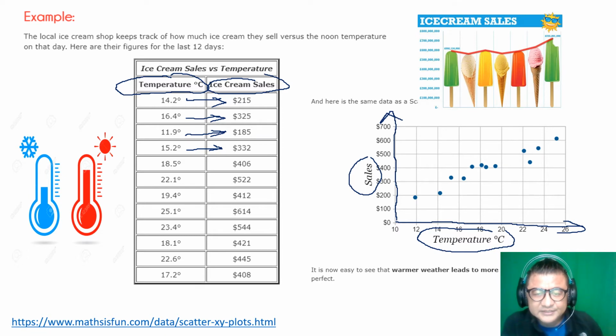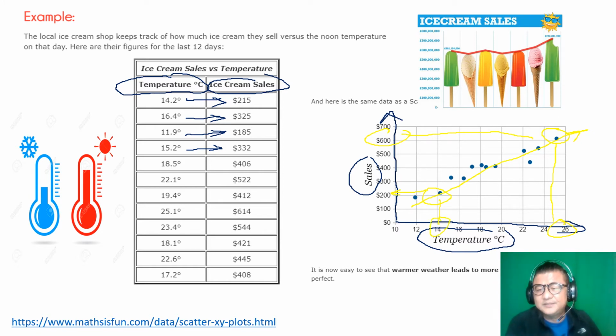There's a trend that the points are going up, right? So what do we mean by that? The higher the temperature, the higher the sales are. And the lower the temperature, the lower the sales are. It makes sense, right?